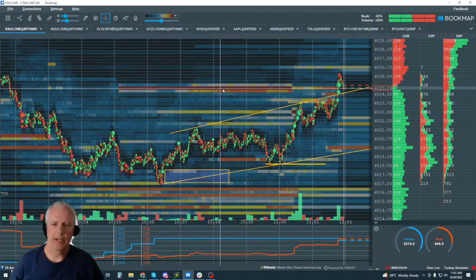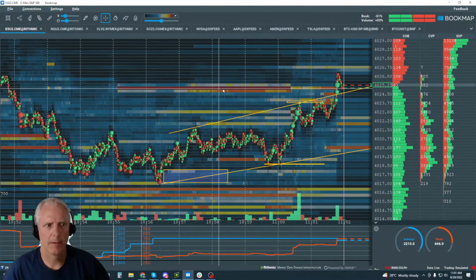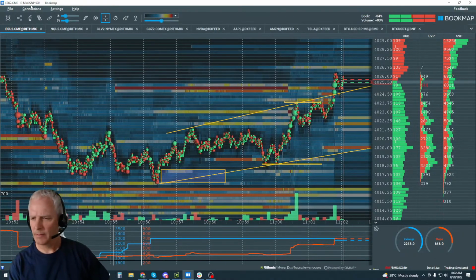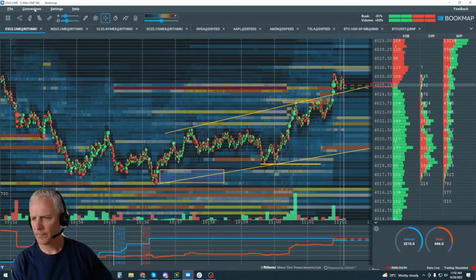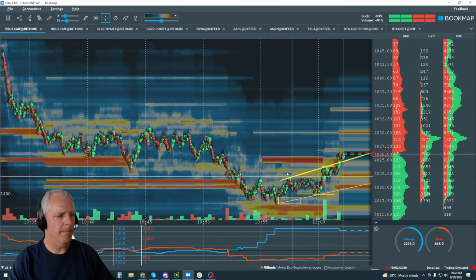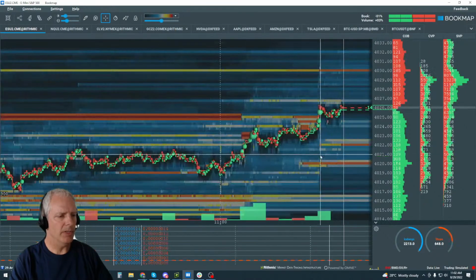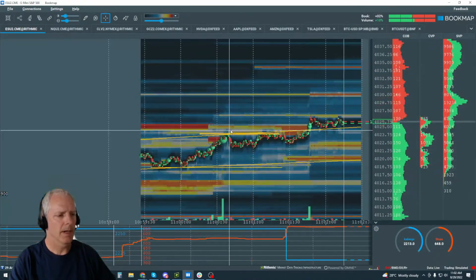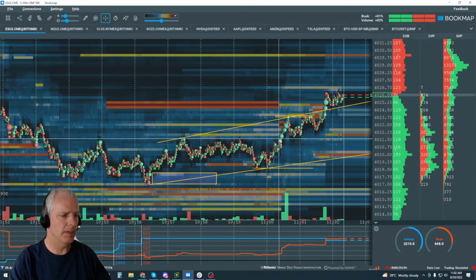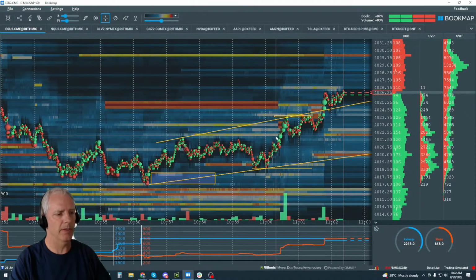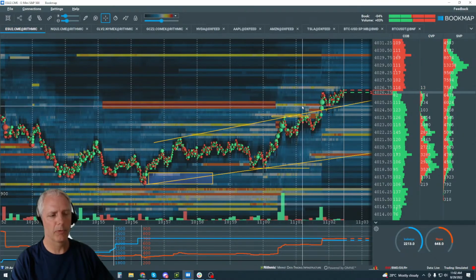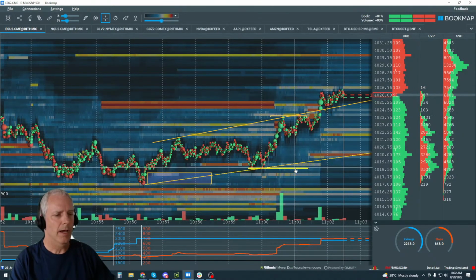All right, so any questions on this about structure? Yeah, and again, I know this is low time frame, and we're looking for the move to unfold based on the structure and then the order flow within the structure, and then we're looking for these areas in here.